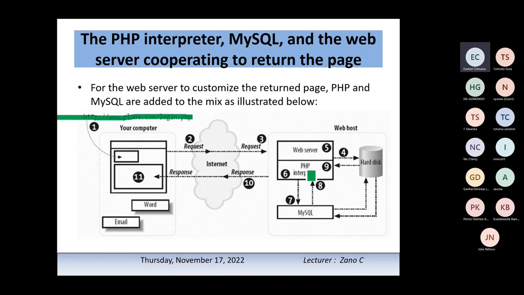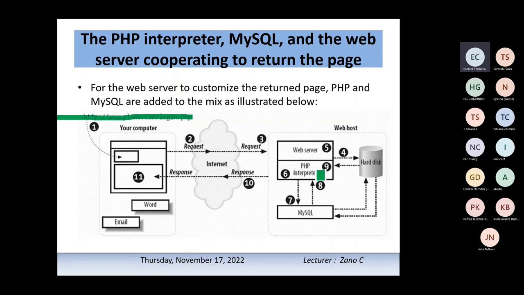This PHP interpreter will communicate with MySQL to check if your details are correct or not. So it will retrieve the information from this database, from the hard disk, and then the PHP interpreter will check if the details in MySQL match the data that you've passed in here.